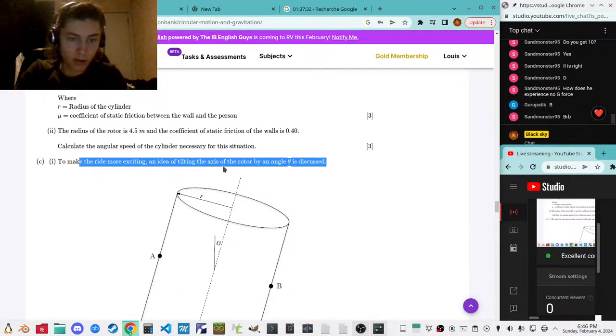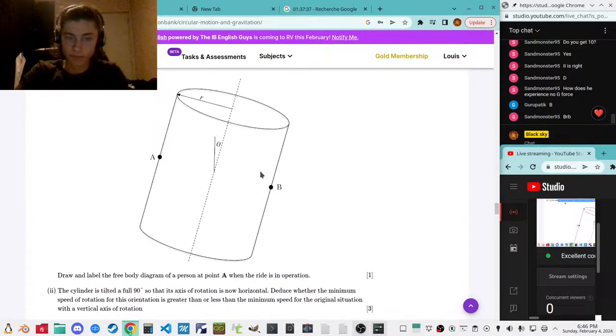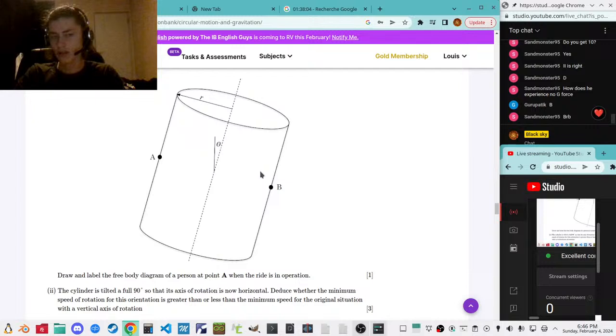To make the ride more exciting, the axis is tilted. Try for a person at A. Normal, G, friction. You'd put friction up.